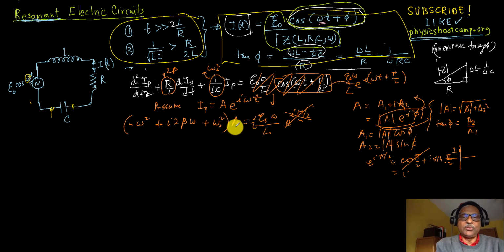And so here the only thing not known was A, and this just solves for A, but we have to generate our magnitude and phase, right?